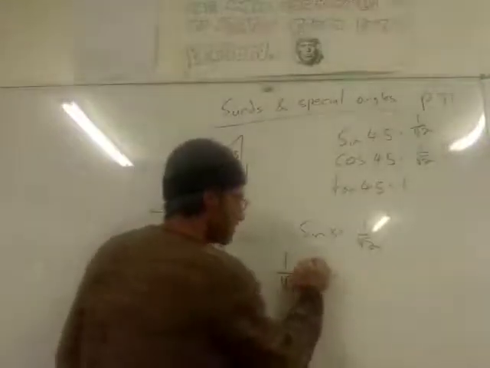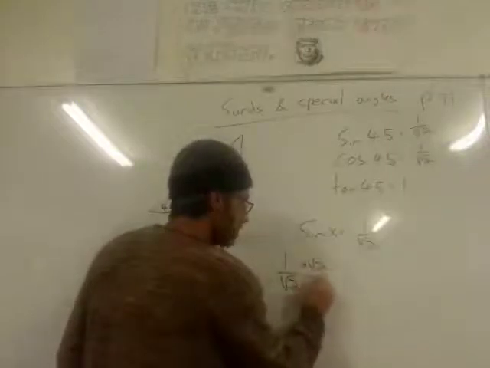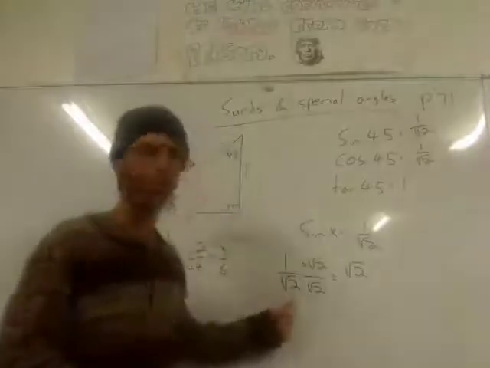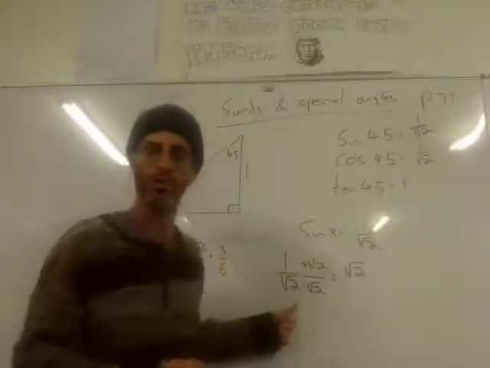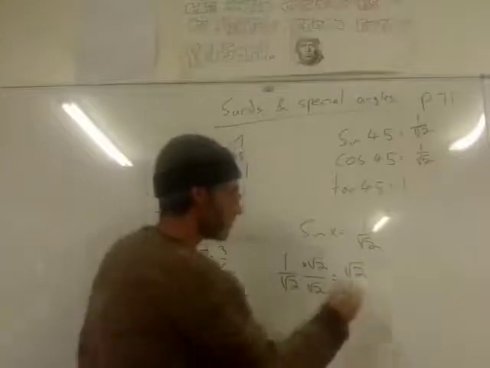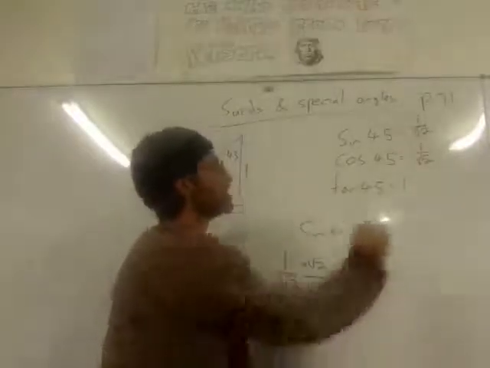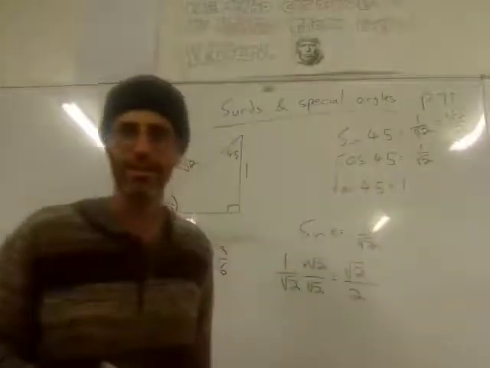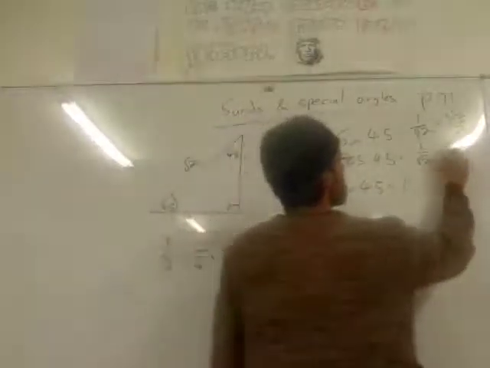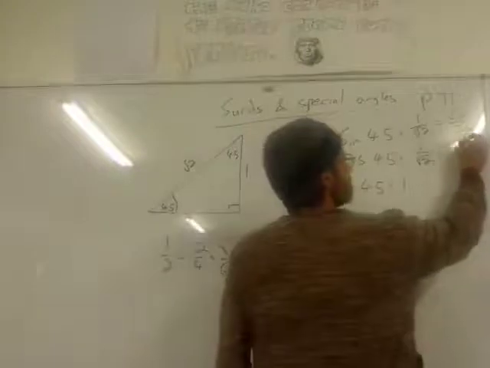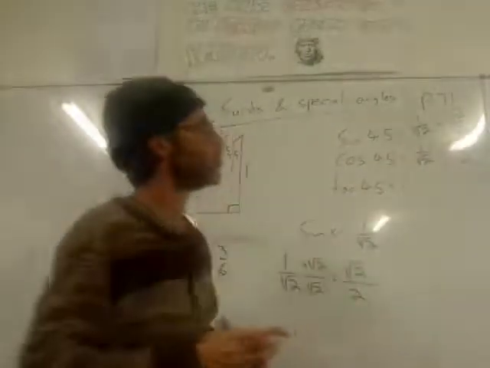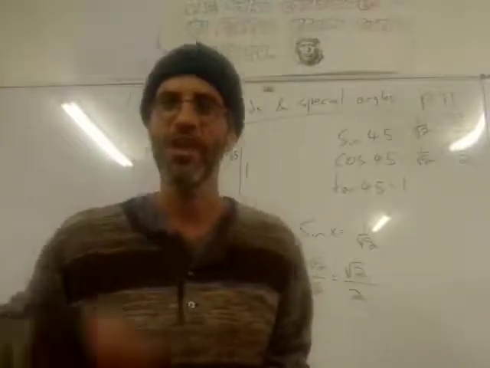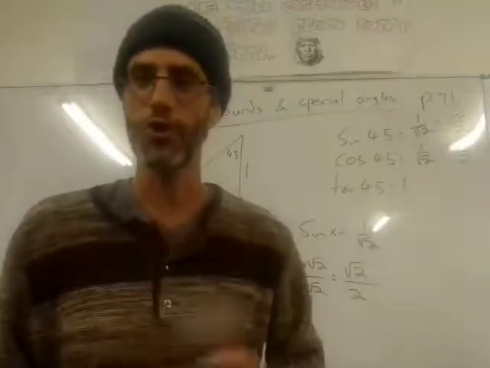If I times both the top and the bottom by square root 2, I'm going to get square root 2 over... what is square root 2 times square root 2? That's simply 2. So that's another way of writing it. And obviously the same thing goes with cosine 45. So it's just two fractions that are the same, but you need to be able to recognize it. Now we're going to move on to 30 and 60.